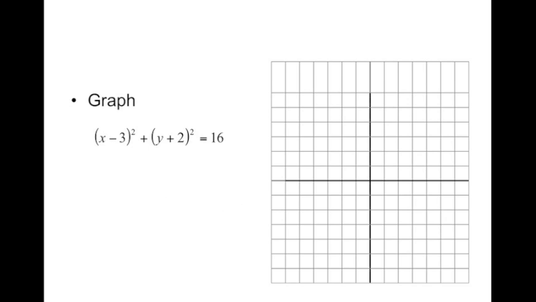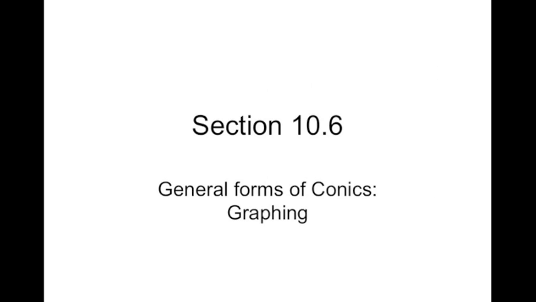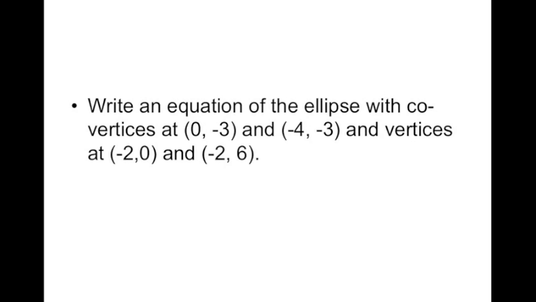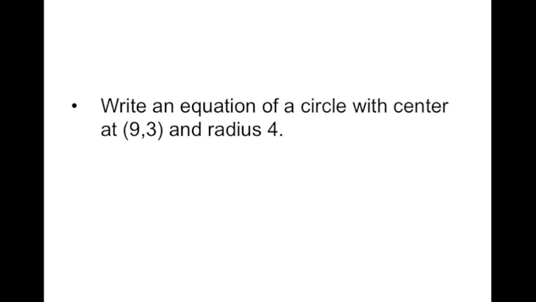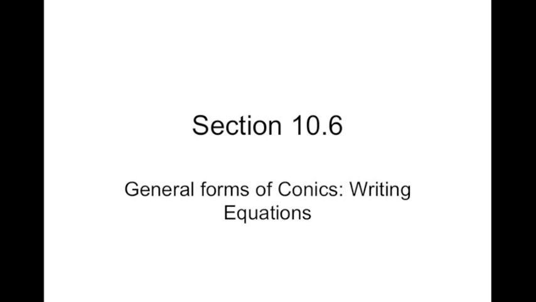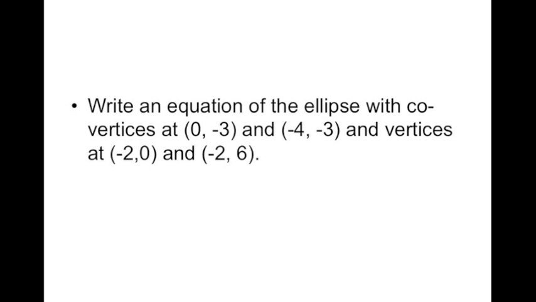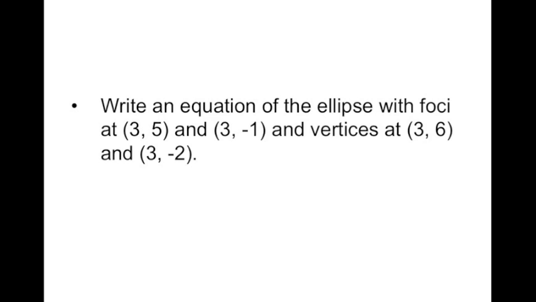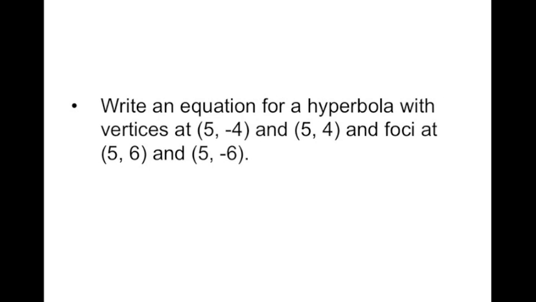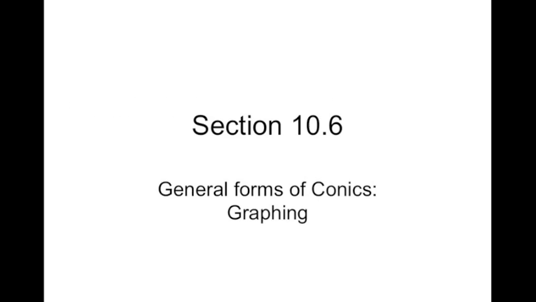So in this lesson, we'll be looking at graphing conics in standard form, which means that the centers are not necessarily at the origin. Apparently I don't have my chart in my PowerPoint. So there is a chart at the top of your notes, and that tells us how we can move around centers to different locations.